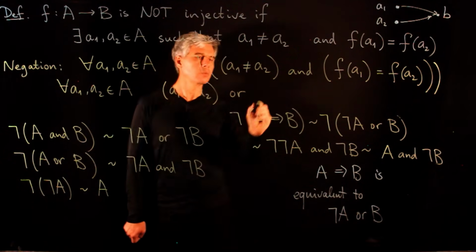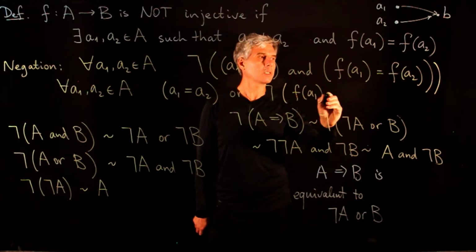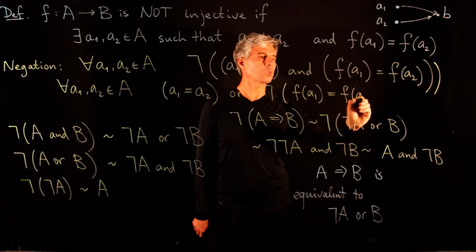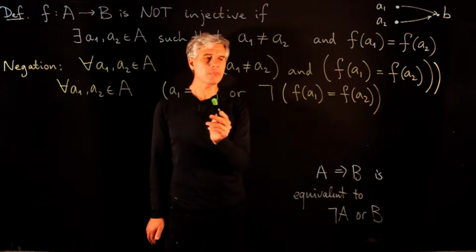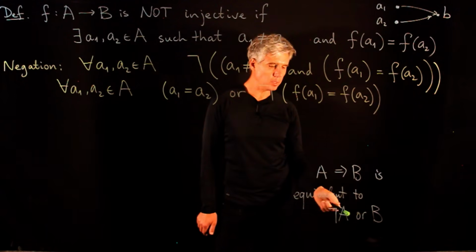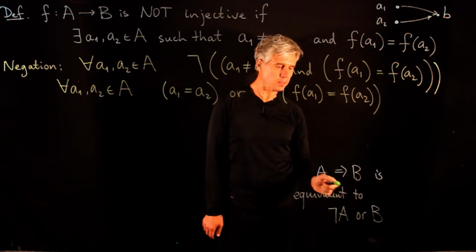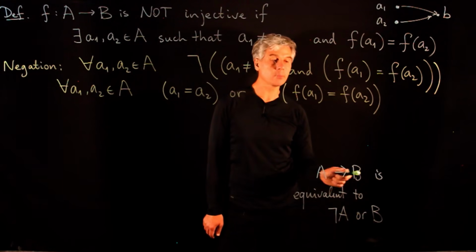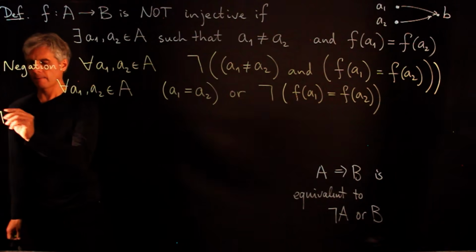Or we have not f of A1 is equal to f of A2. But now here we have something or not something. And we see that this can be replaced. So if we have not A or B, this can be replaced with A implies B. So this gives us a definition.